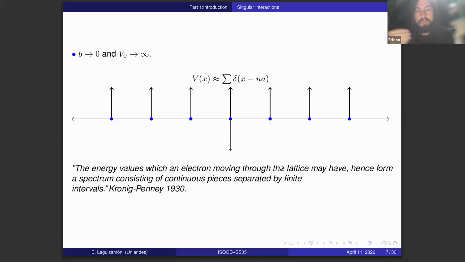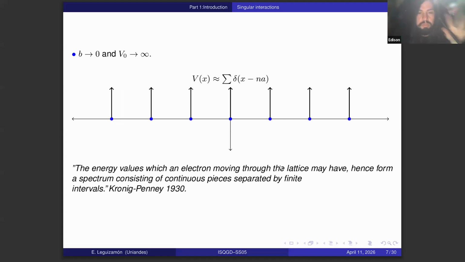Normally, if you have a periodic potential, you know that the spectrum tends to have a band structure. So they have the conjecture that this delta interaction, because it sits on all the natural numbers, is maybe even a periodic potential, and that it could be or should be the same band structure.